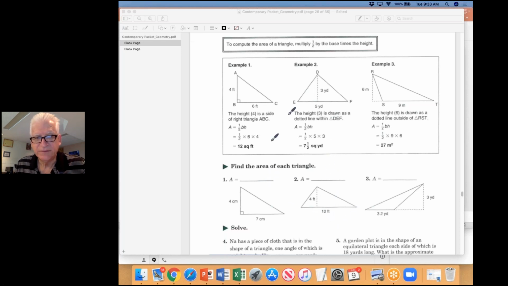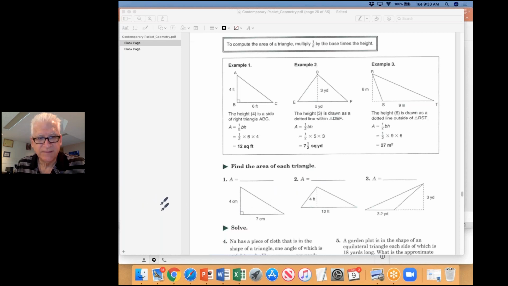This problem is similar to the other sample where we have a base of 12 and this looks like a right angle here. And so we know that this is our height. So we got A equals 1/2 of 4 times 12. 4 times 12 is 48. 1/2 of 48 is 24.